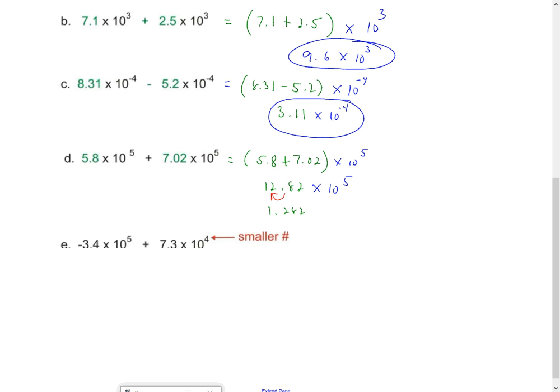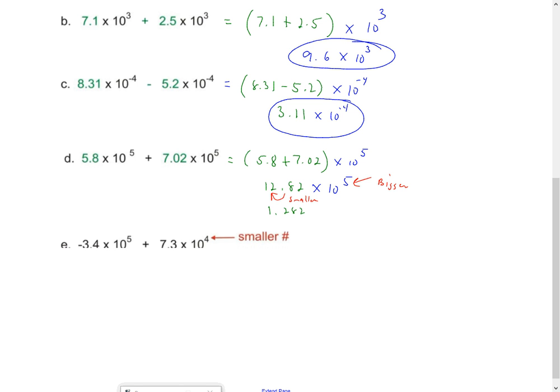Is 12.82 bigger or smaller than 1.282? Bigger. So did we make the number bigger or smaller? We made it smaller. So going this way makes it smaller. Therefore, I have to make the power of 10 bigger to counteract it.